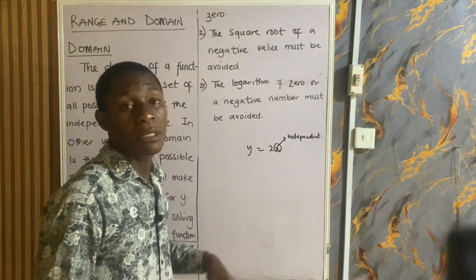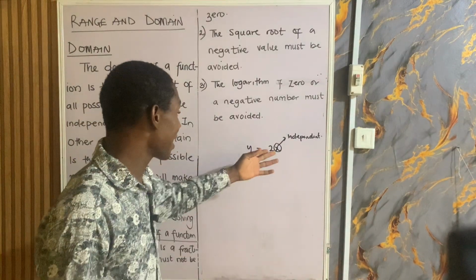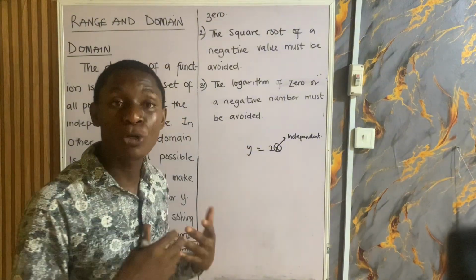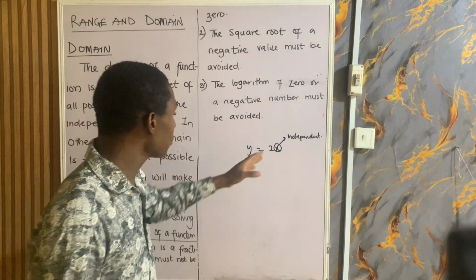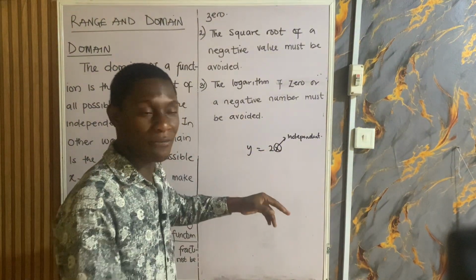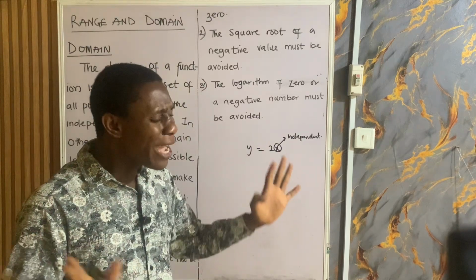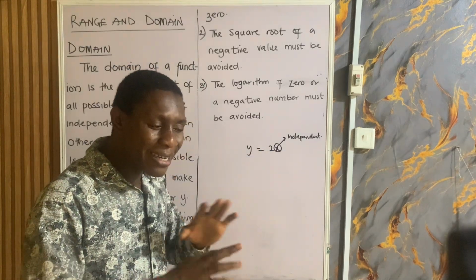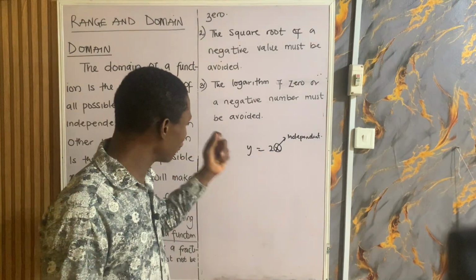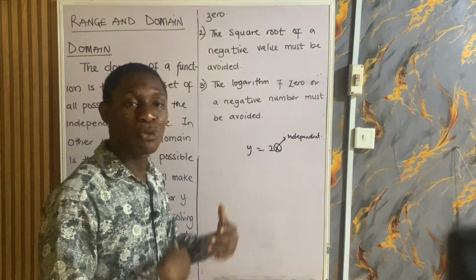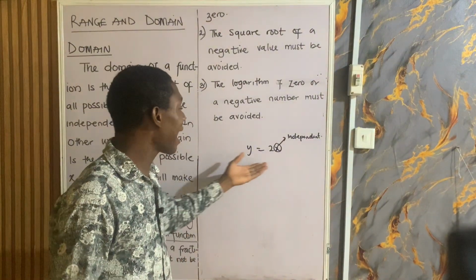So if you use minus 1000 for x here, you would get y to be minus 2000. If you use the value of x here to be 5, you will get y to be 10. So any real number you can talk about, if you use any of those real numbers for x, you have a value for y, because this is how this function is.